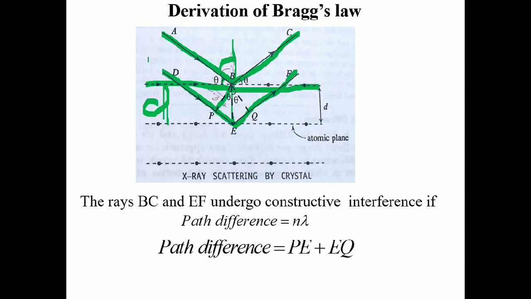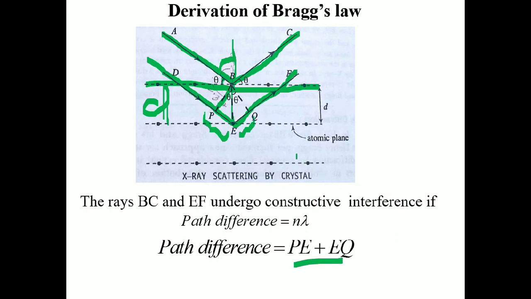If you think they originate from the same point, you can observe that this line and this line have equal length. This is the additional distance traveled by this X-ray, and this is the additional distance traveled by the scattered X-ray. Therefore, the total extra distance traveled is PE plus EQ. That is the path difference between these two X-rays, hence it is given as PE plus EQ.